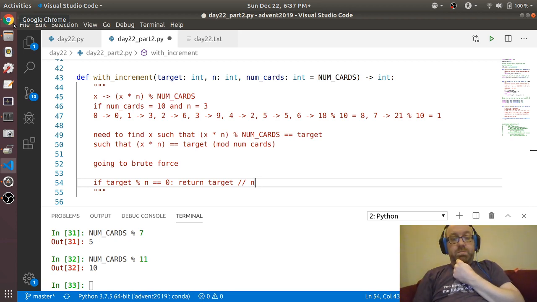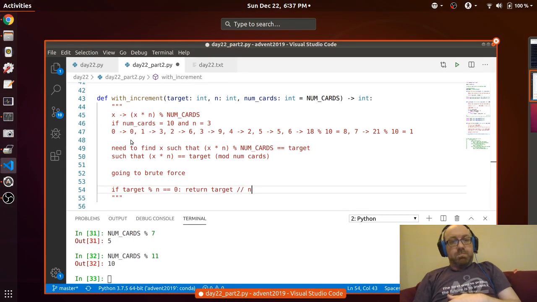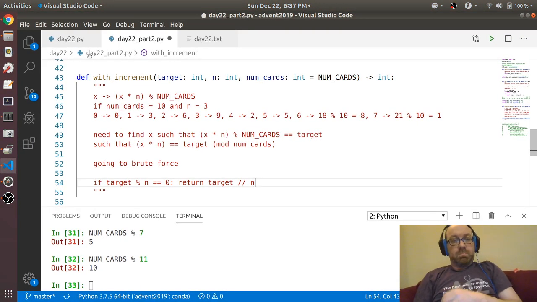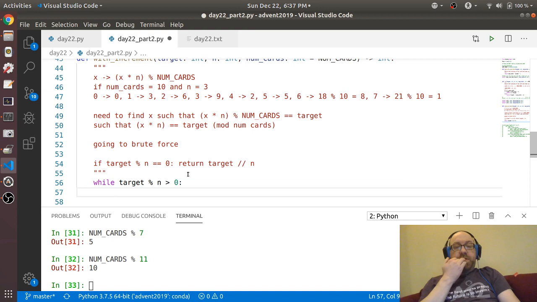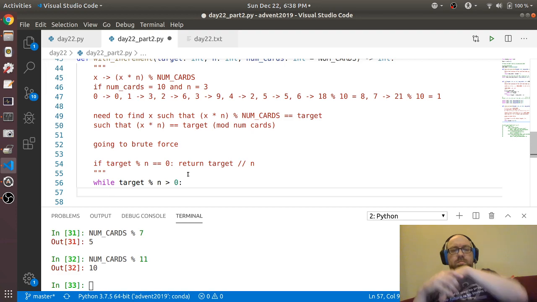Otherwise, what I want to do is to say while target mod n is bigger than 0. So let's say my target is 5.